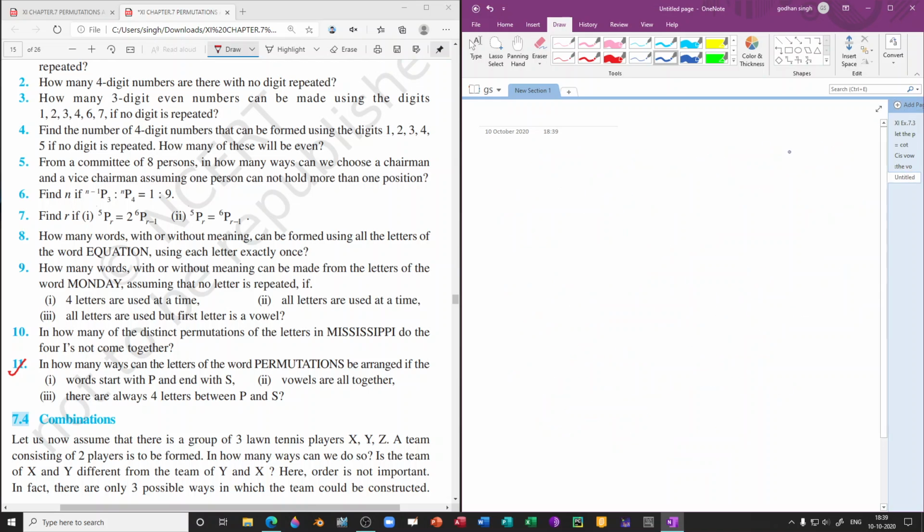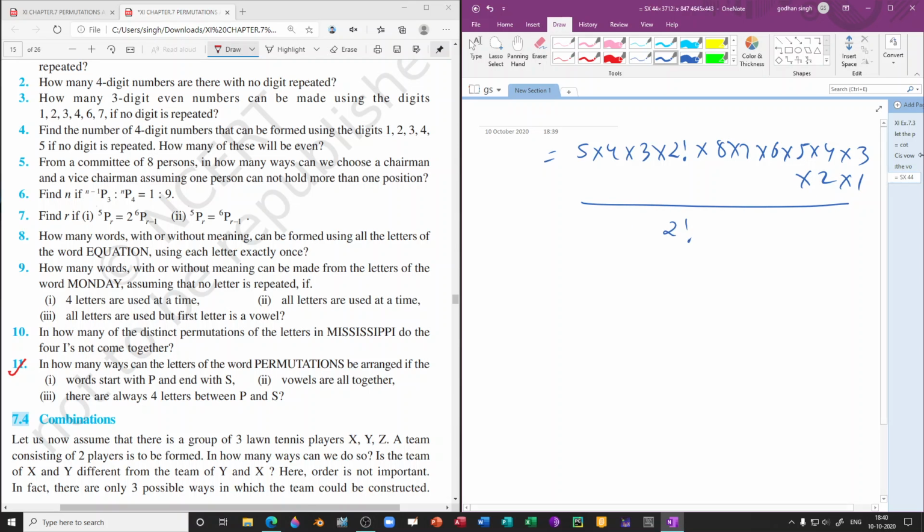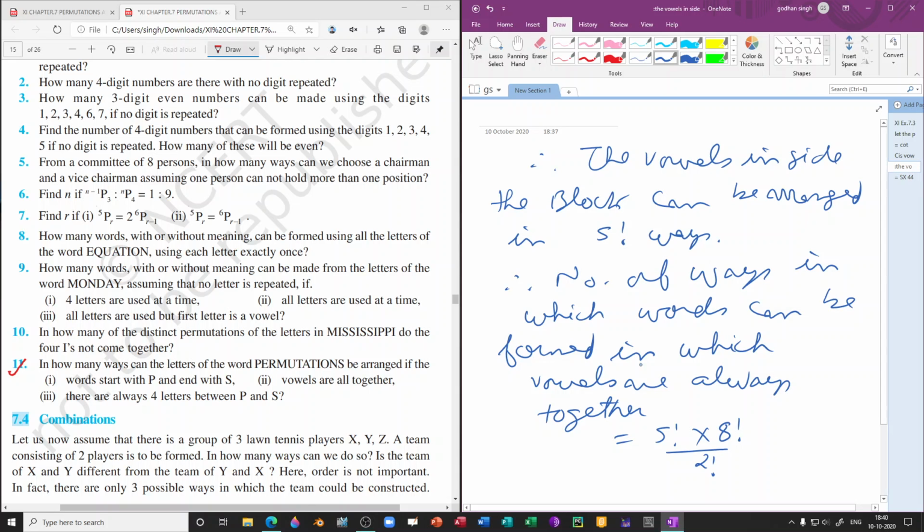We get 5 into 4 into 3 into 2 factorial into 8 factorial, that is 8 into 7 into 6 into 5 into 4 into 3 into 2 into 1, over 2 factorial.